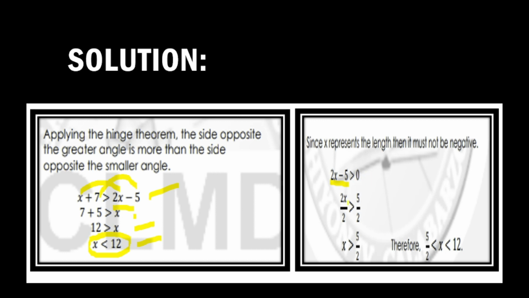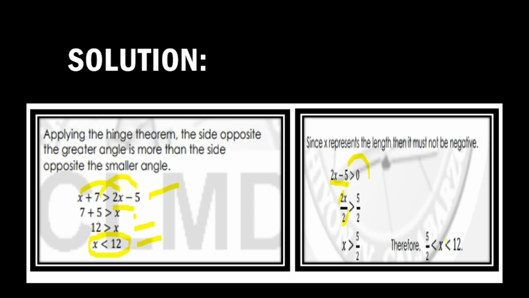And then, by solving, 2x over 2 is greater than 5 over 2. We transposed negative 5, so it became positive 5. Then we divided by 2 to cancel the 2, leaving just x. So, x is greater than 5 over 2.